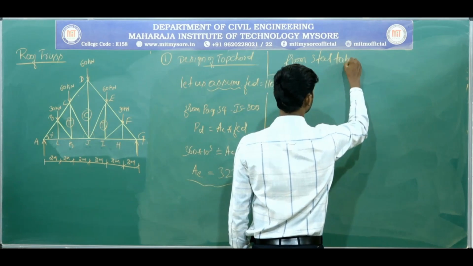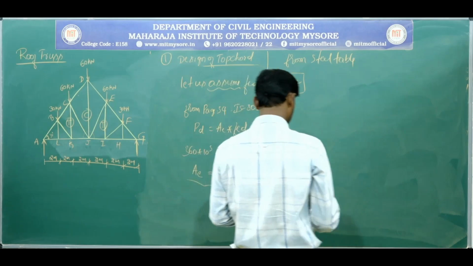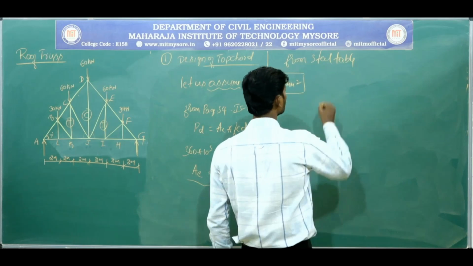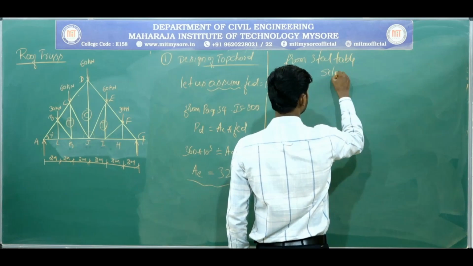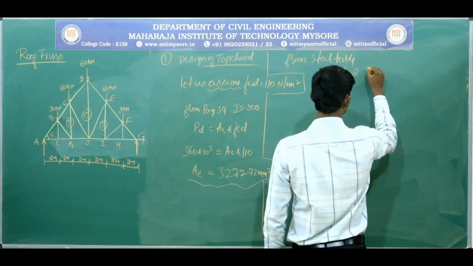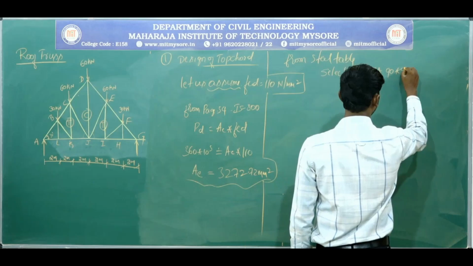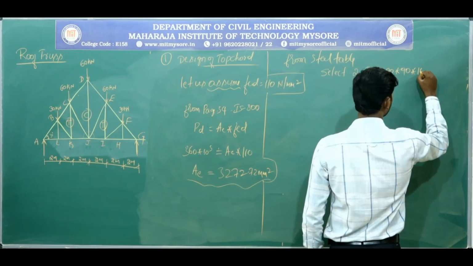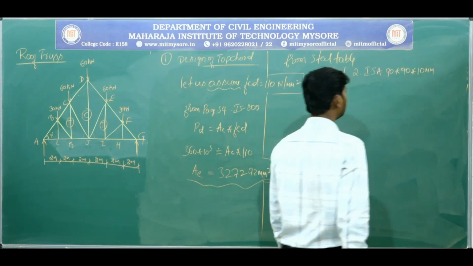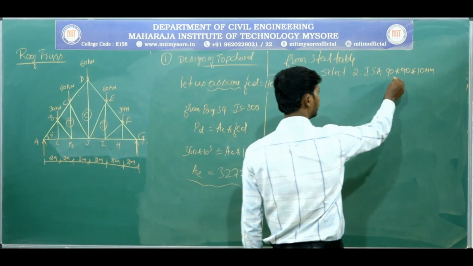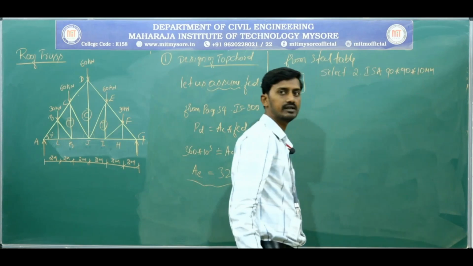From steel table, select two ISA 90 by 90 by 10 millimeter.